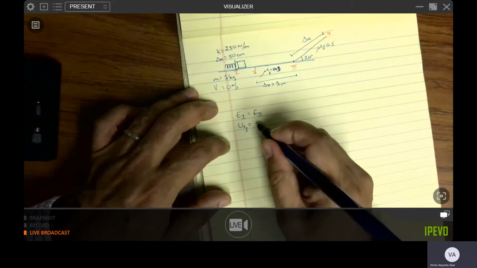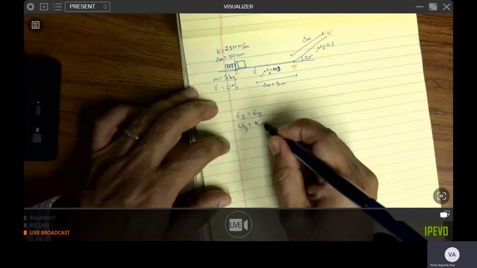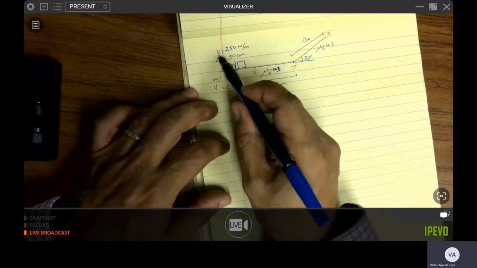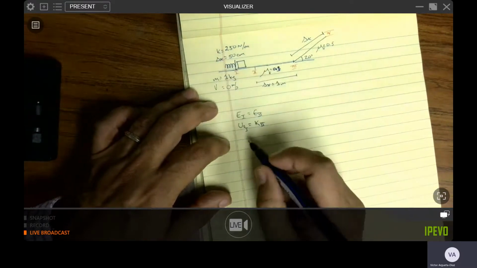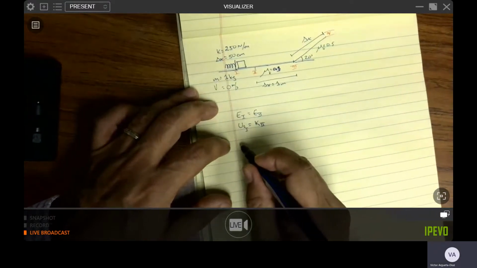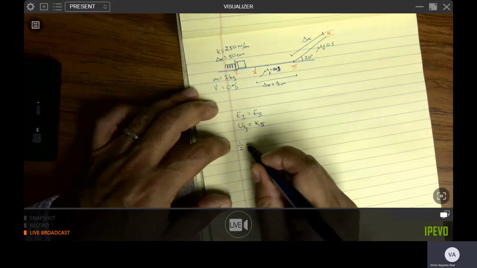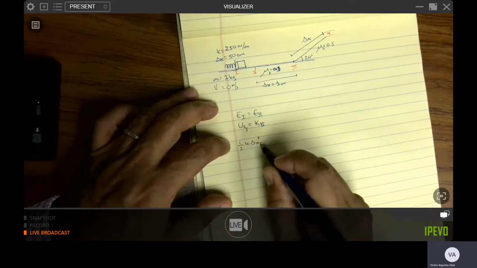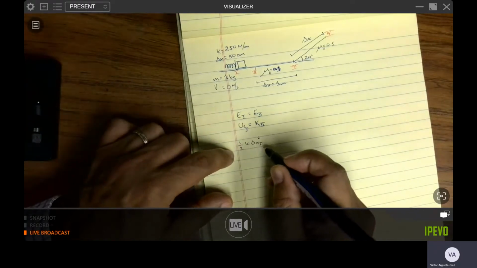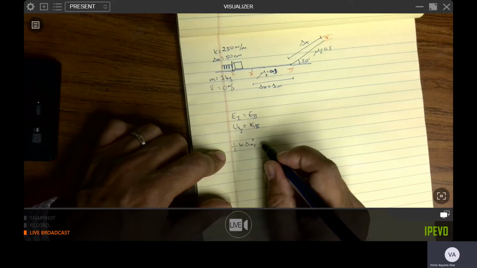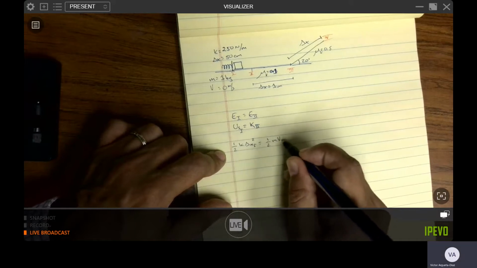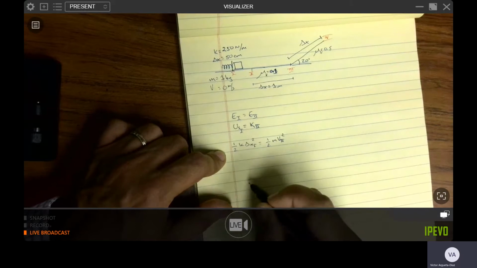Now be careful, this K is kinetic energy, this K is a spring constant. So here we're going to have 1/2 of K delta x squared, the delta x at 1, so this is how much the spring is compressed. It's going to be equal to 1/2 of the mass times the velocity at 2 squared.